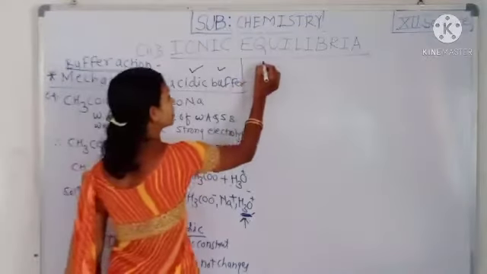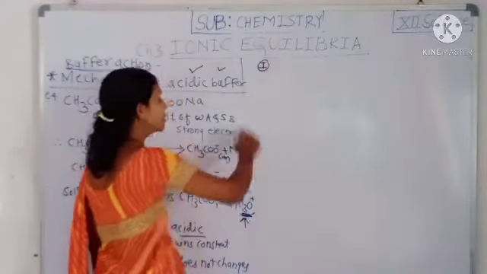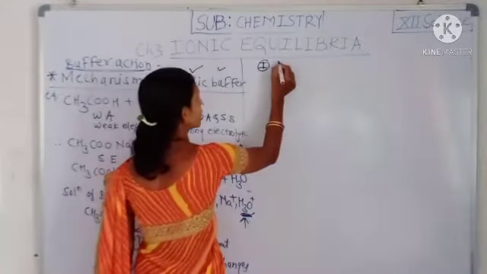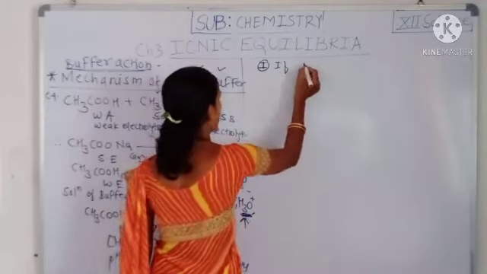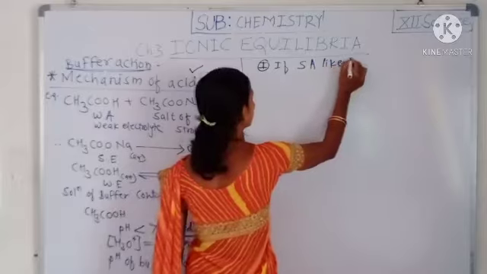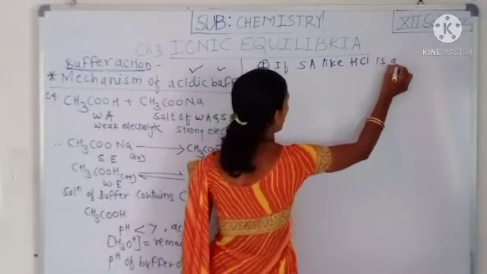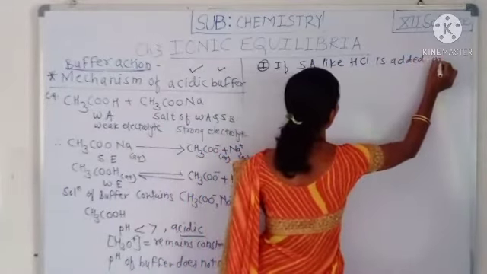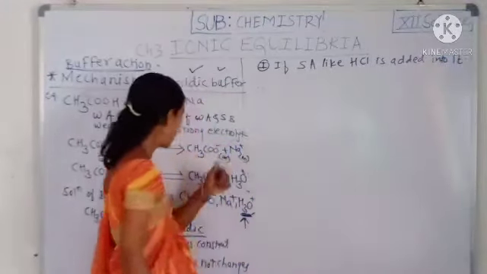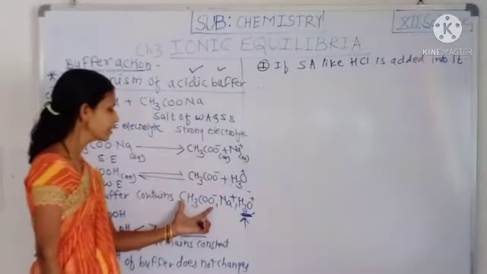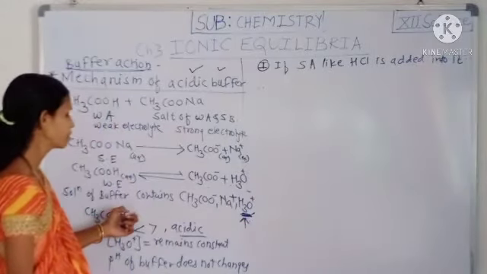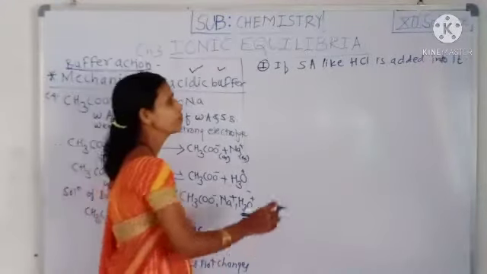Now there are three conditions. In the first condition, a strong acid like HCl is added. Already CH3COO minus, Na plus, H3O plus and CH3COOH molecules are present in the buffer solution.